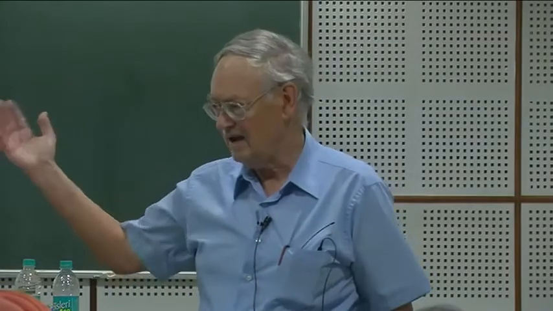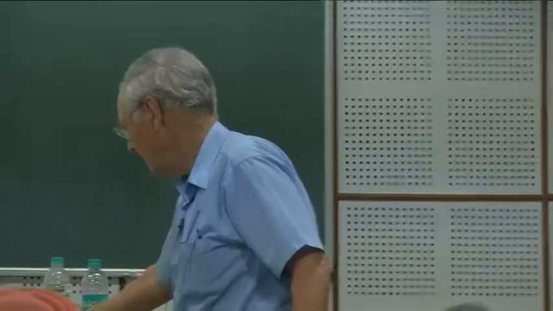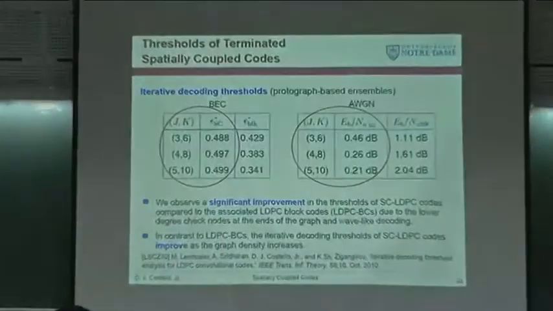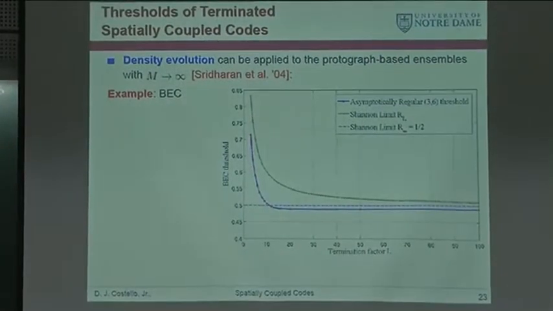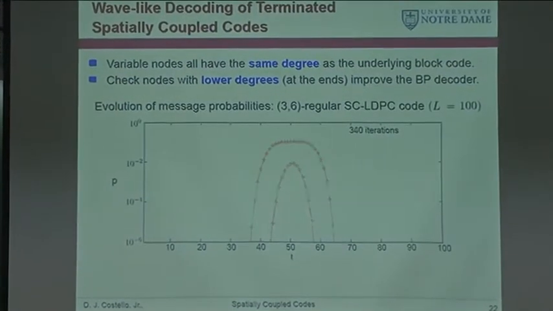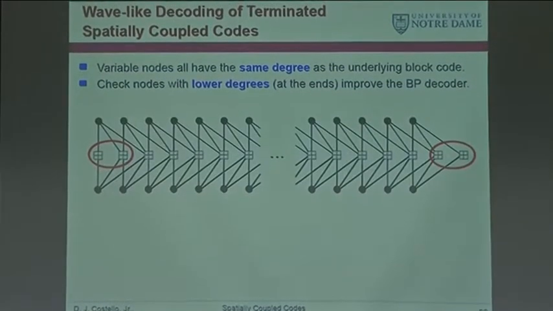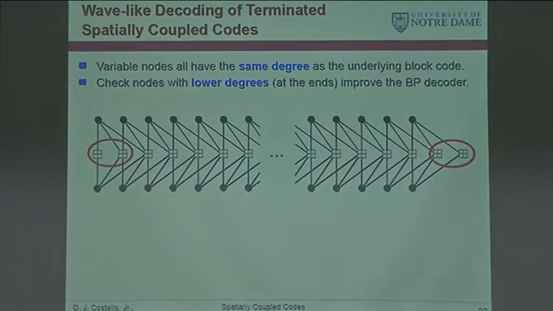So that illustration does assume essentially that you're doing a full flooding schedule, where all variable nodes and all check nodes are updated at the same time.